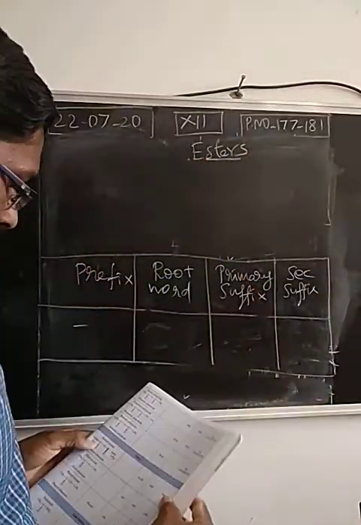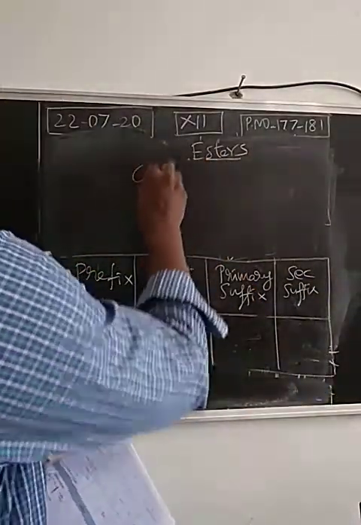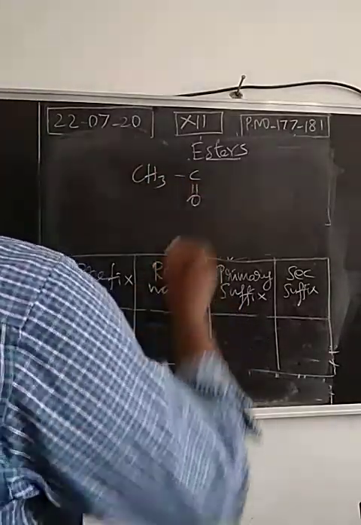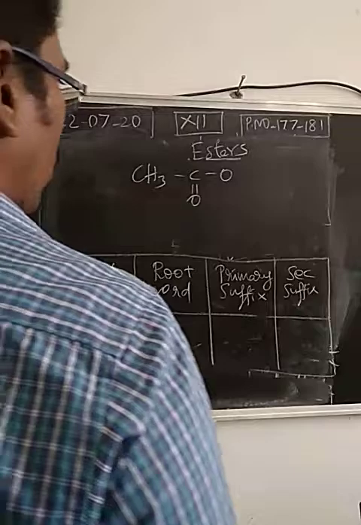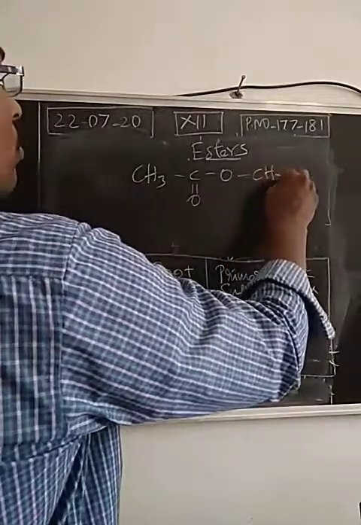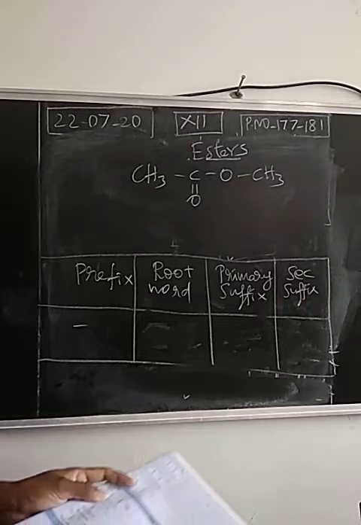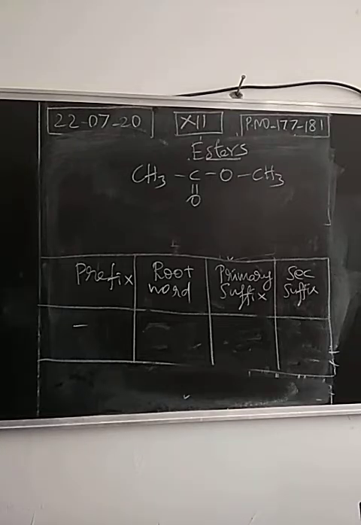Take the first member, CH3COOCH3, right? So this is methyl acetate. Common name methyl acetate. IUPAC name methyl ethanoate.